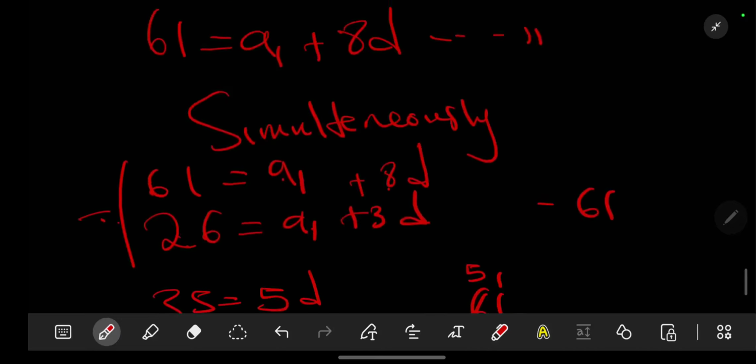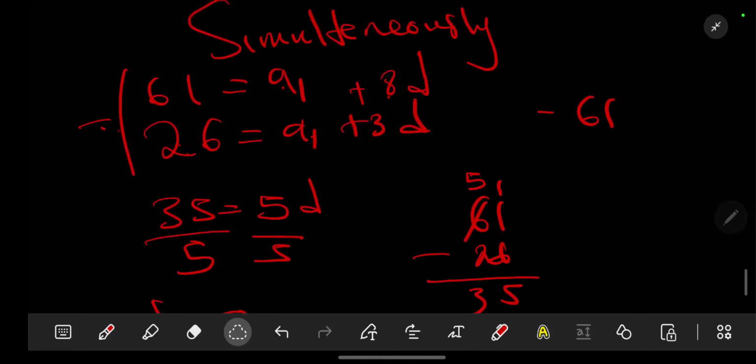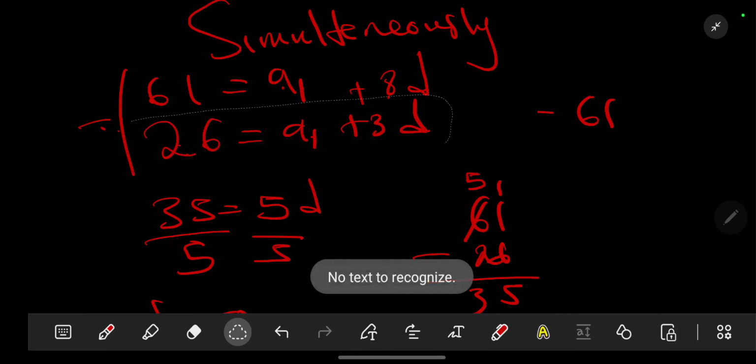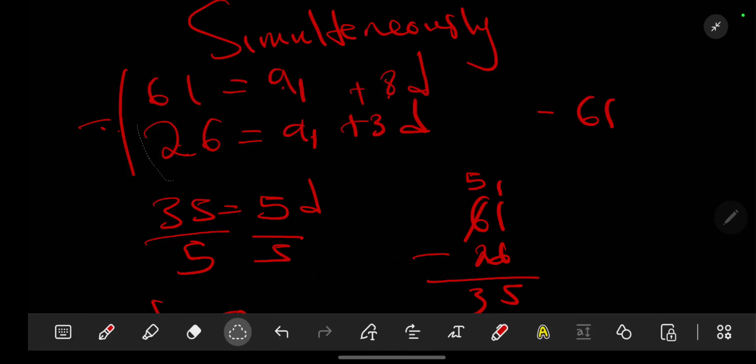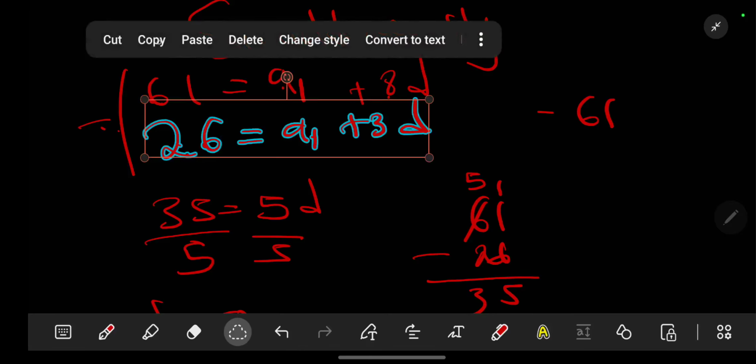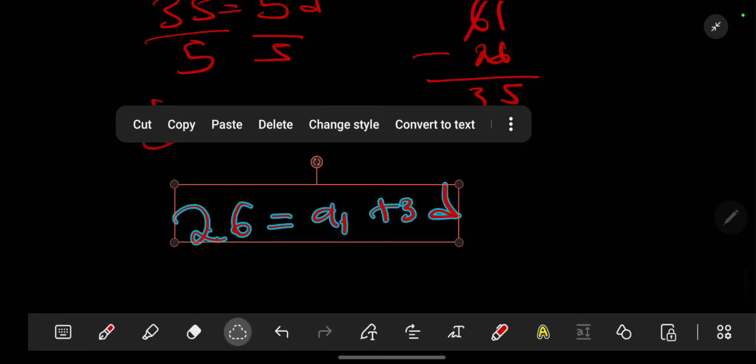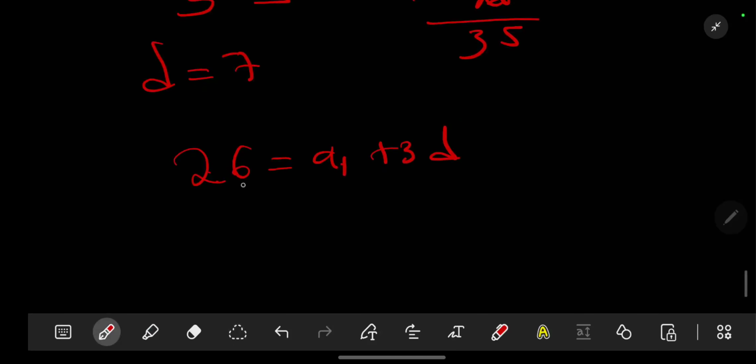Likewise, getting any of the two equations, we can get this one, but I prefer getting the one with smaller values to avoid making mistakes. Whichever equation you get, at the end of the day it will produce the same answer. So we are going to get this equation and put it in to find our a1.